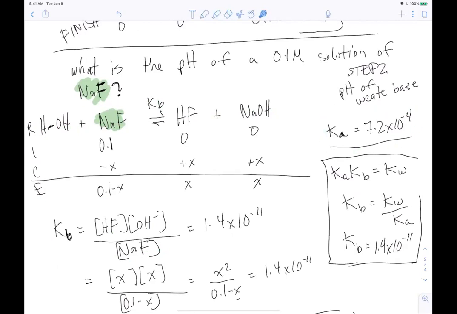It's not the reverse of this reaction, that's a mistake. It's for the formation of hydronium from hydrofluoric acid. So when you're working with basic salts, you use Kb. When you're working with acidic salts, you work with Ka. The reason is that the equation you write out is specific to each of those.